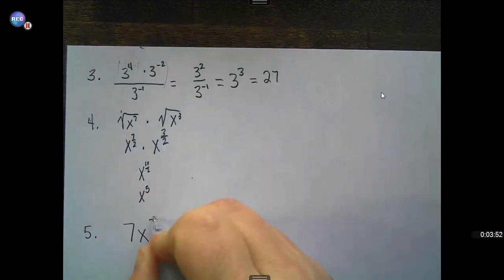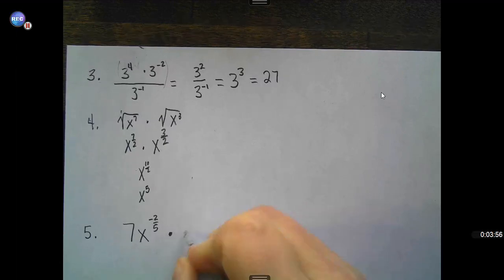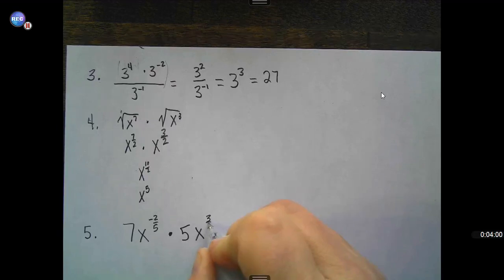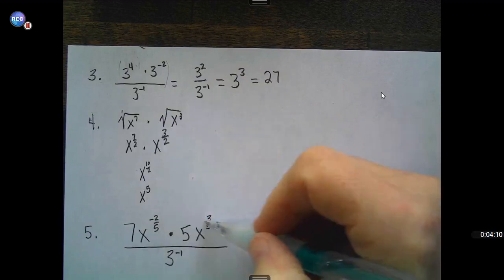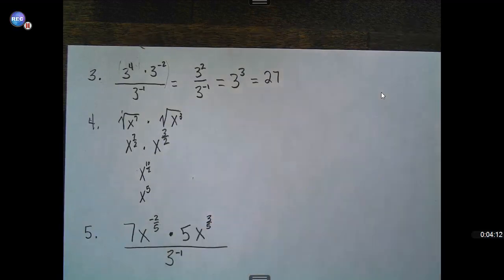7x to the negative 2/5 times 5x to the 3/5 over 3 to the negative 1. So the only thing being raised to these fractional exponents are the x's, not the 7 and the 5 in there. So I would combine the 7 and the 5, and then I would combine these, add them together.